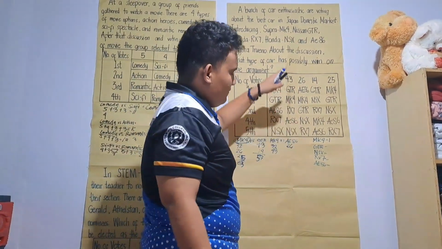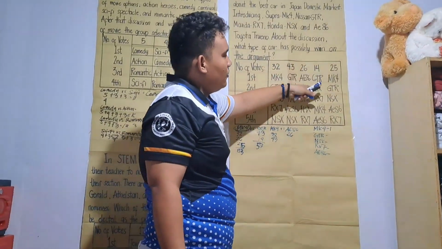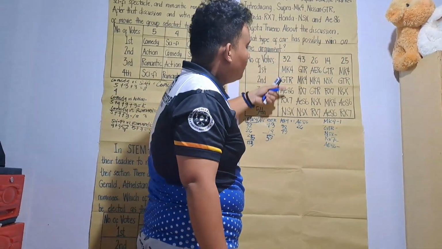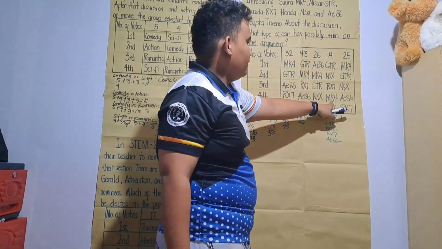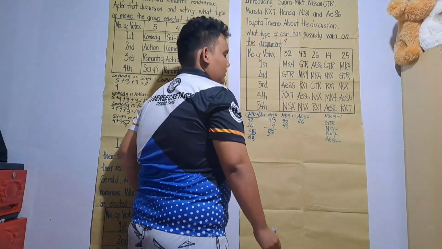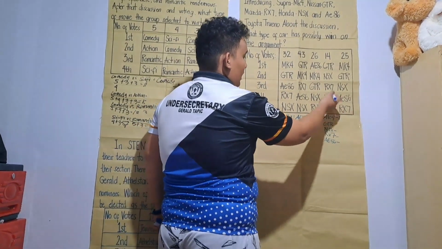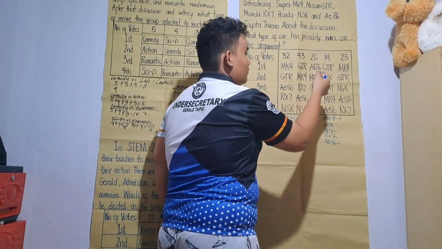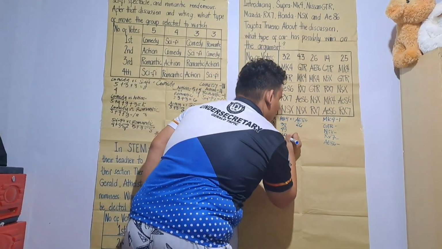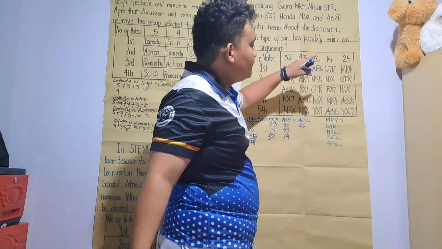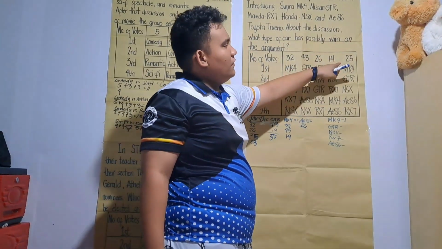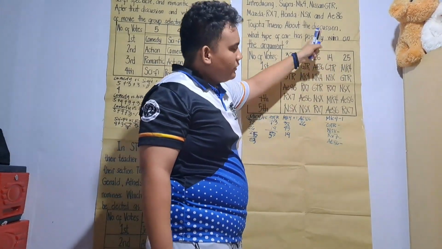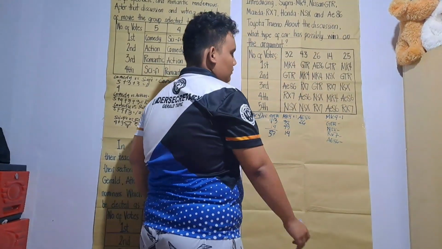Then the fourth column has 14 voters. MK4 is first than AE86. So the 14 voters go to MK4. Then in the last column, 25 votes go to MK4 over AE86.